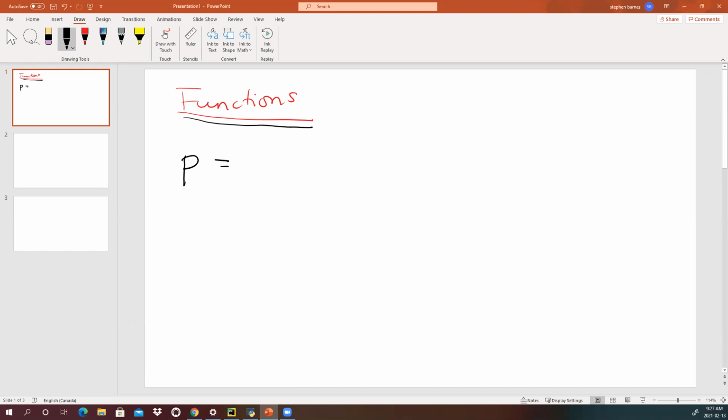Let us say I give you this formula here. Now, this is a physics formula, which is not relevant, but I just want you to know what it is about. In this formula, I'm just going to write them over here. P is equal to the pressure of a gas.